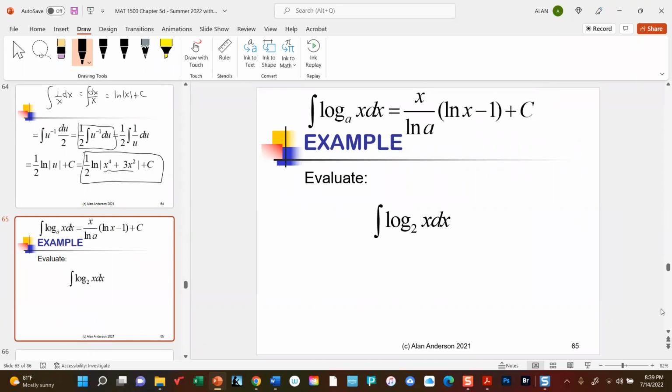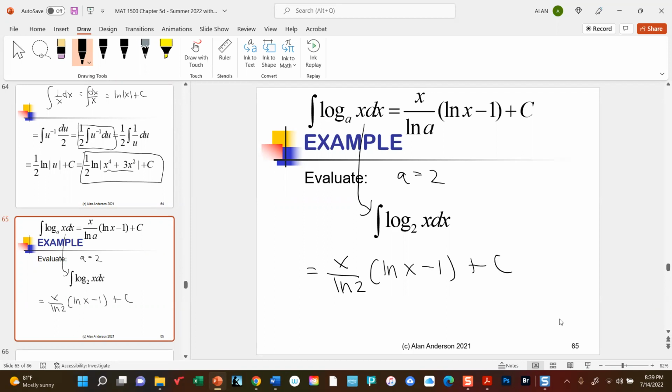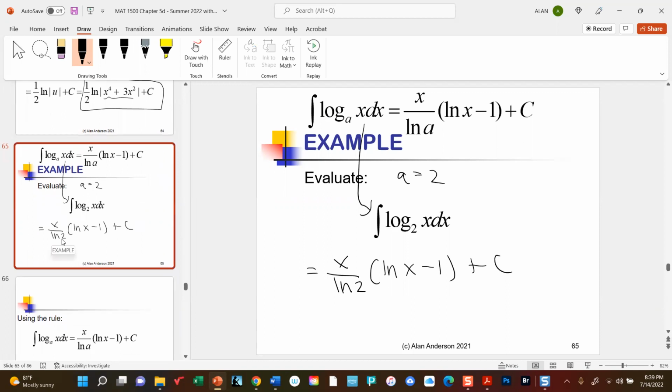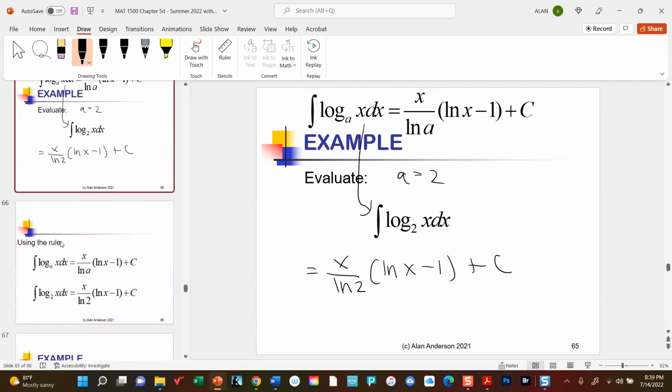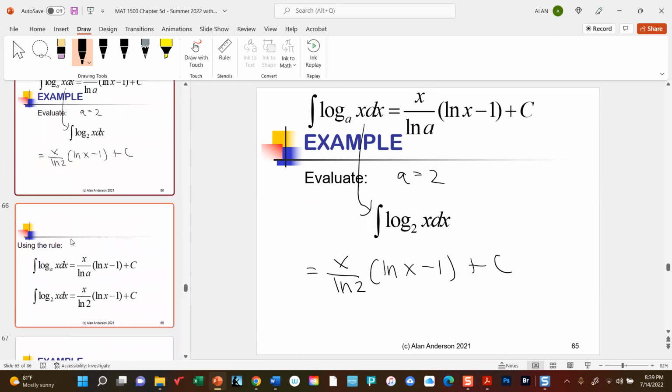So here a is, of course, 2. So really there isn't anything to do except follow the rule, because you can see it follows exactly along with what you see up here. So you'll end up with x over log 2 times log x minus 1. Wow, that was easy. Once in a while, it turns out to be pretty straightforward. Not always, of course.